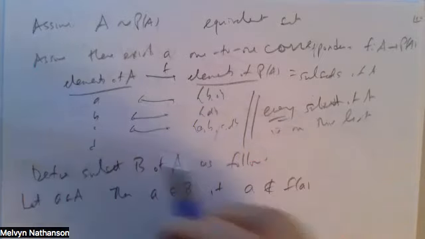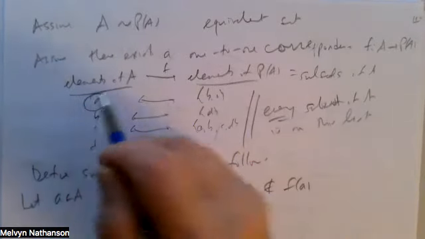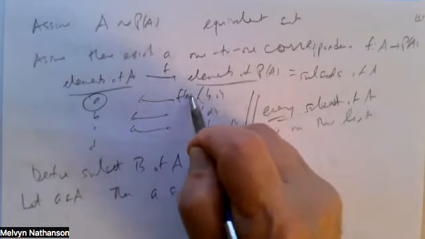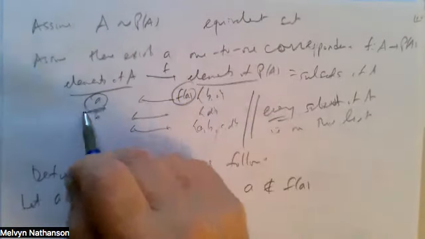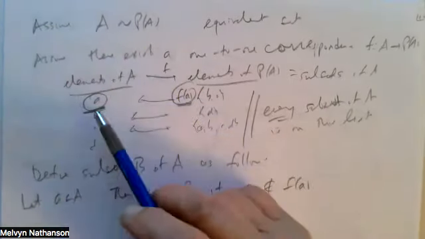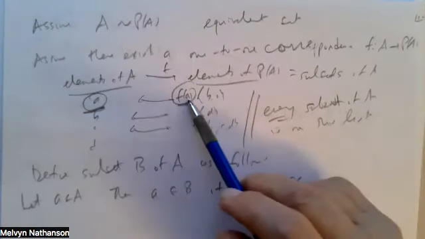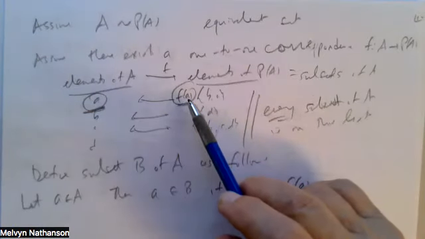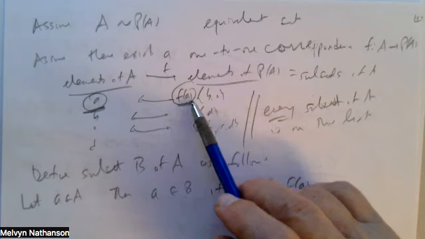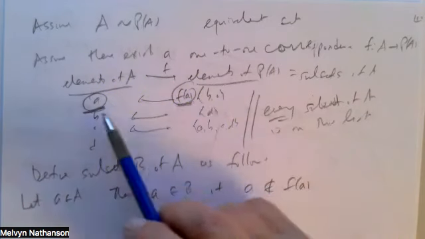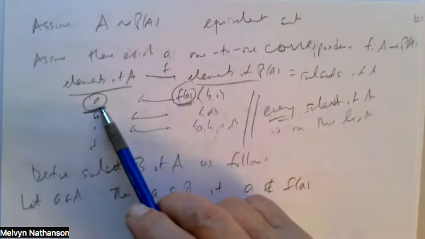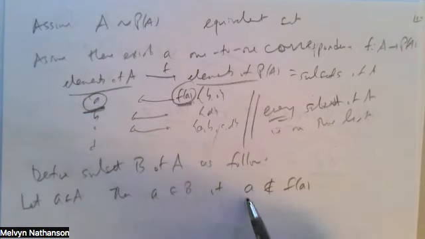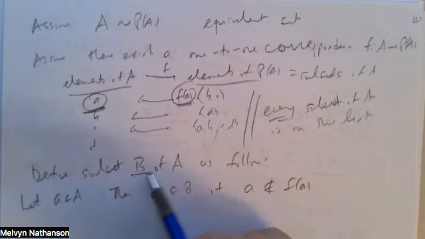That is, for every element a, we're assigned some subset F of a. So a is an element of the set A, and F of a is a subset of A. It may or may not contain the element a. So look at all the elements a in the set A for which a is not in F of a. And that defines a subset of A.